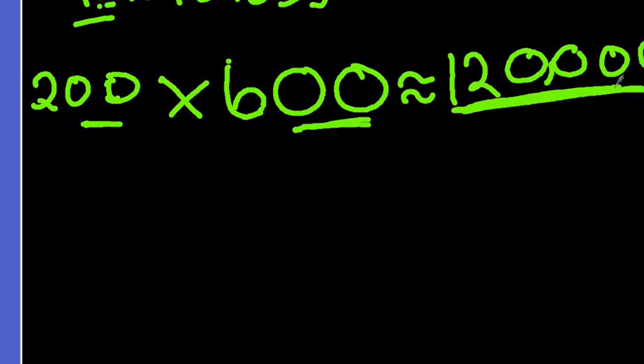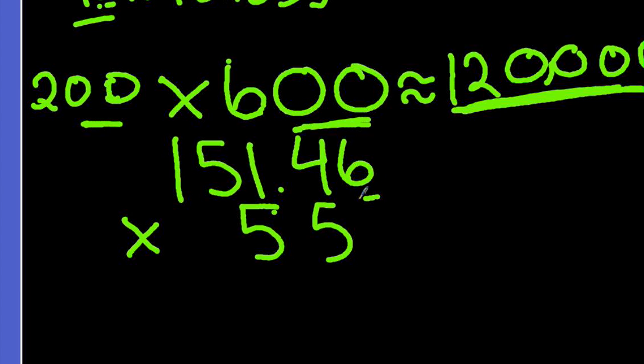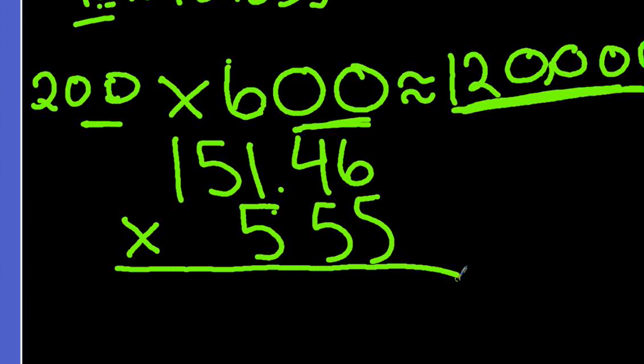Okay. So we'll be multiplying 151 and 4,600 times 555. We're not going to worry about that decimal because that sometimes will confuse some people. So 6 times 5 is 30.